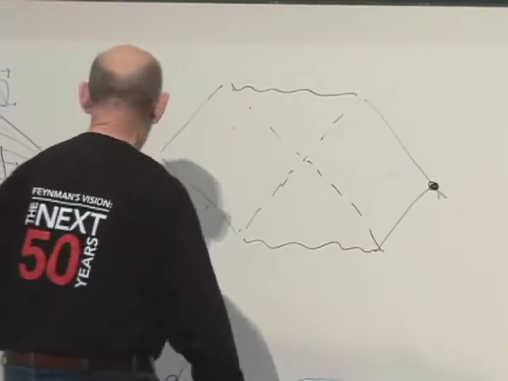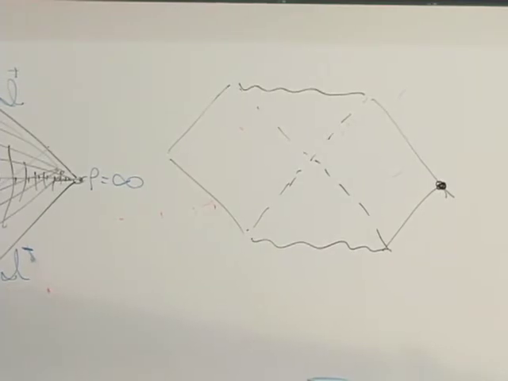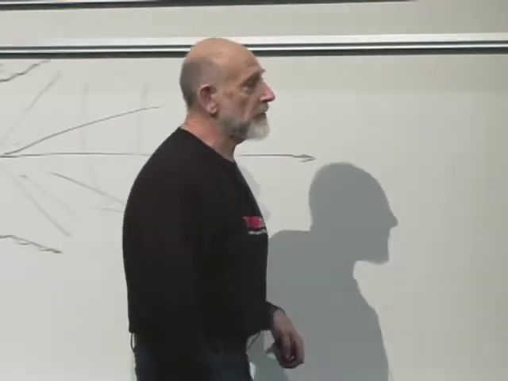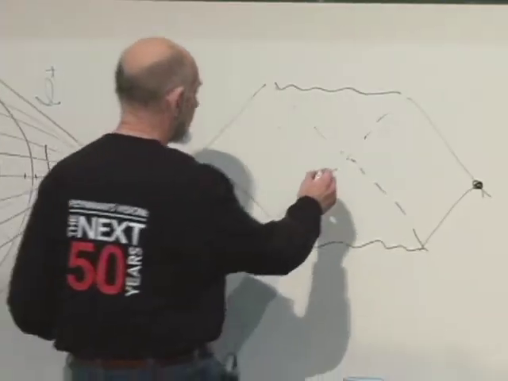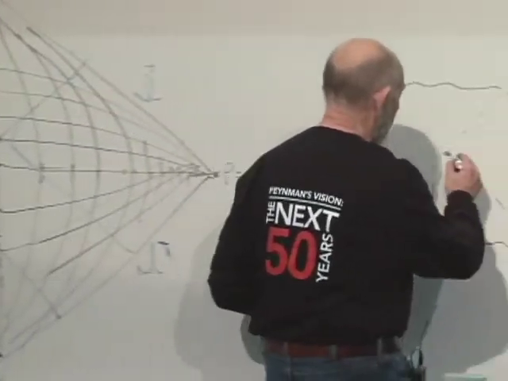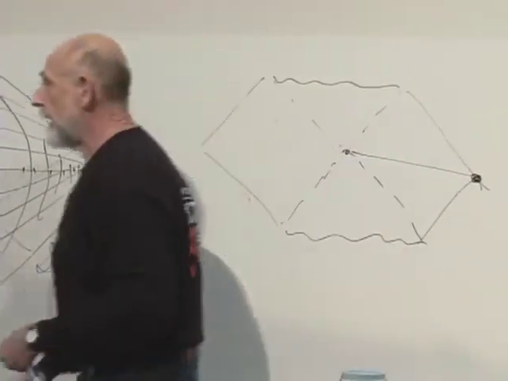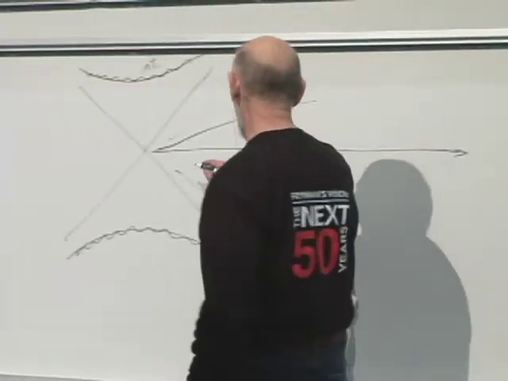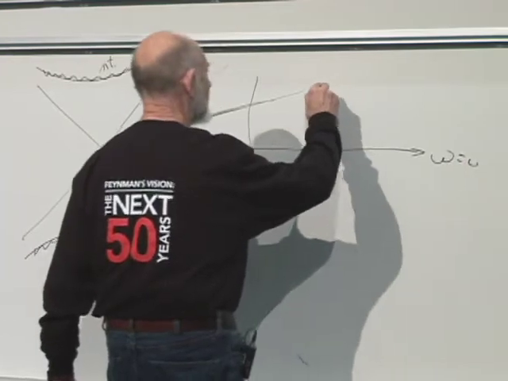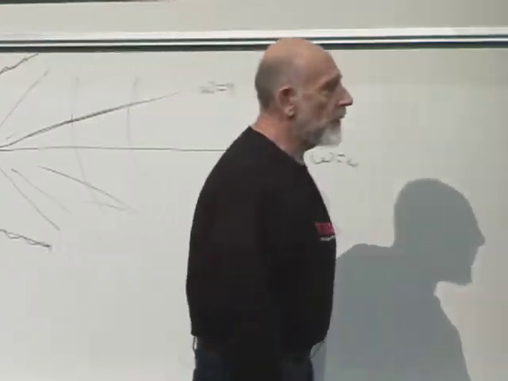Okay. This horizon over here, the bifurcate horizon, is right at the center over here. If I start at the horizon and go out to infinity, I can go this way. But I can also go along this line. This is omega equals 0. This is omega equals 1. Where is that on here?